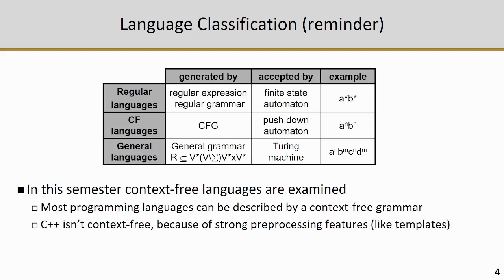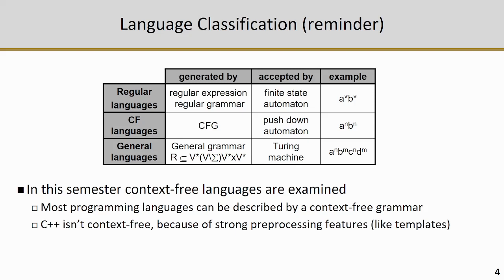However, the number of a's is equal to the number of c's and the number of b's is equal to the number of d's. And these strings can be specified by neither context-free grammars nor regular grammars, only by general grammars.